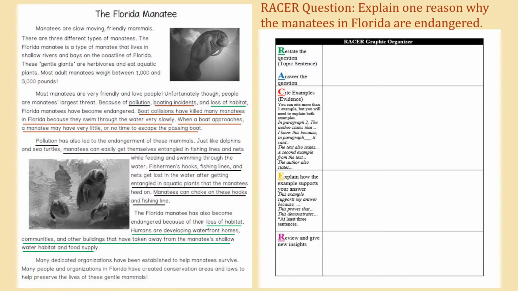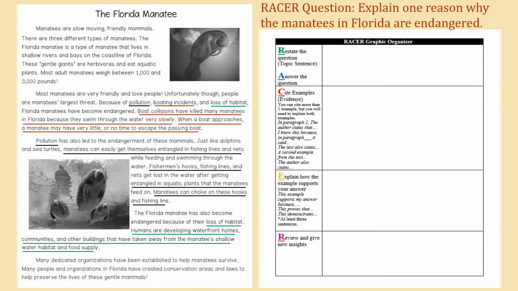Just like dolphins and sea turtles, manatees can easily get themselves entangled in fishing lines and nets while feeding and swimming through the water. Fishermen's hooks, fishing lines, and nets get lost in the water after getting entangled in aquatic plants that the manatees feed on. Manatees can choke on these hooks and fishing line.